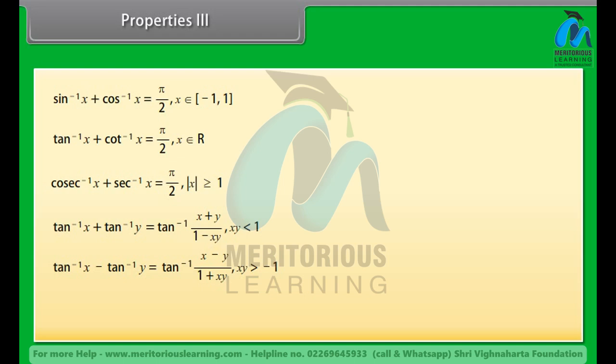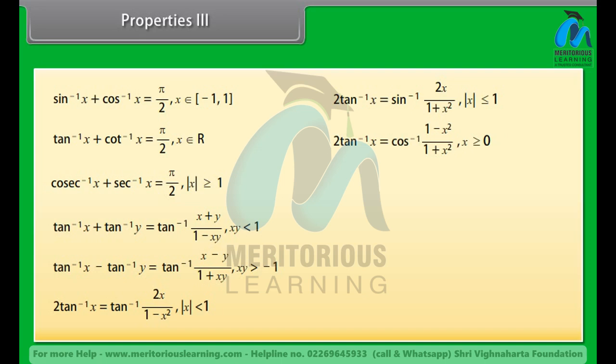Tan inverse x minus tan inverse y is equal to tan inverse of x minus y by 1 plus xy, where xy is greater than minus 1. 2 tan inverse x is equal to tan inverse of 2x by 1 minus x square, where modulus of x is less than 1. 2 tan inverse x is equal to sin inverse of 2x by 1 plus x square, where modulus of x is less than or equal to 1. 2 tan inverse x is equal to cos inverse of 1 minus x square by 1 plus x square.